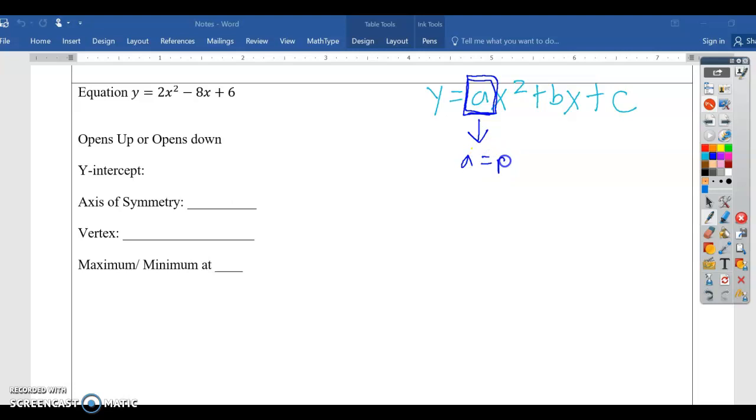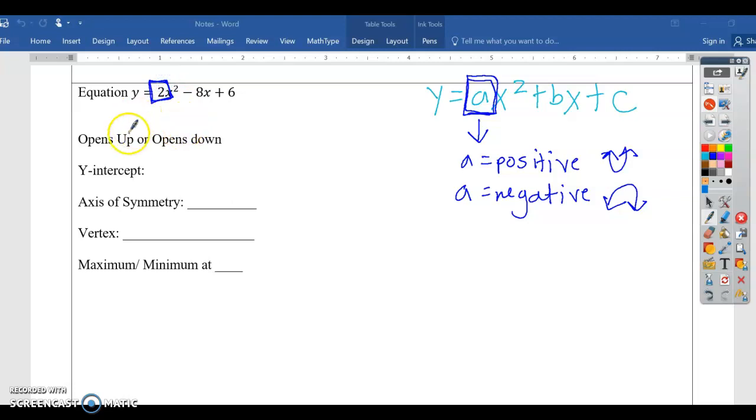If the a is positive, it's going to open up. So that means my arrows are going to point up. If a is negative, that means my arrows are going to point down. Okay? So now let's look at this a value. This a value, or the number in front of x squared, is 2. That's positive. So it's going to open up.